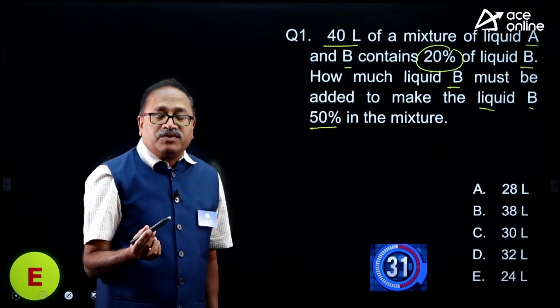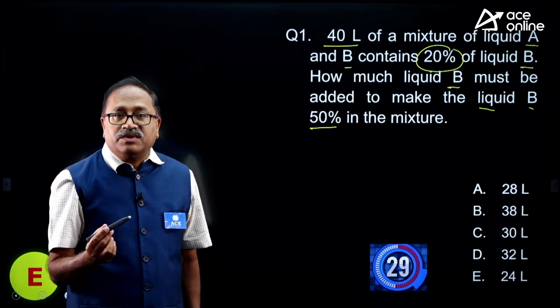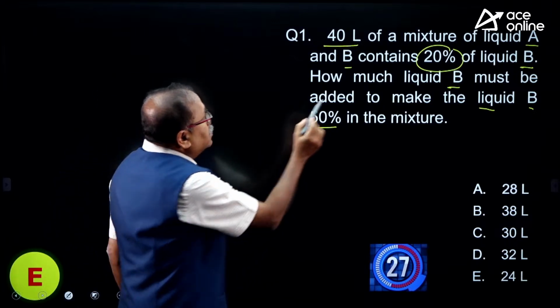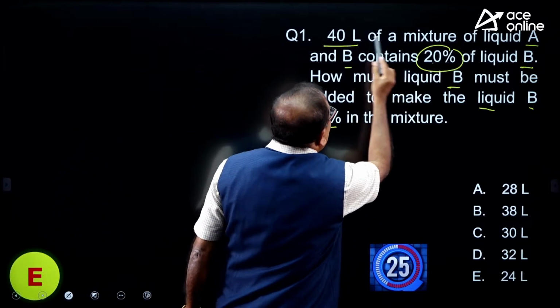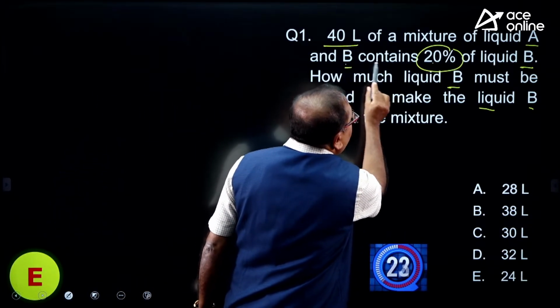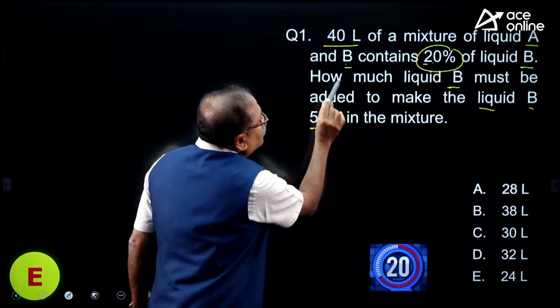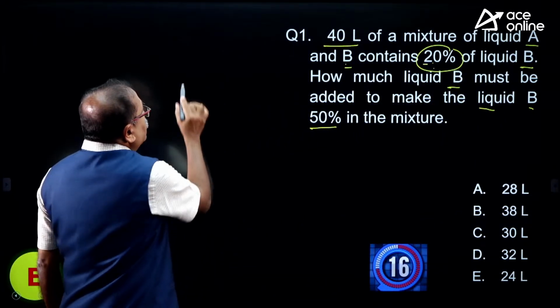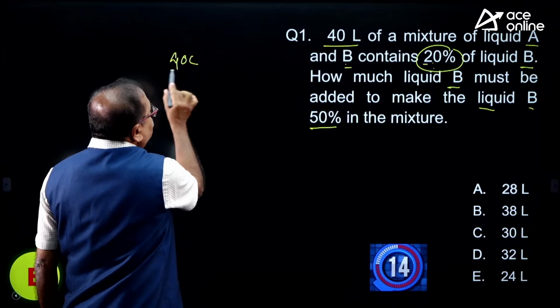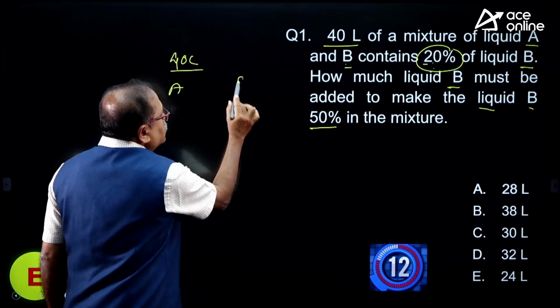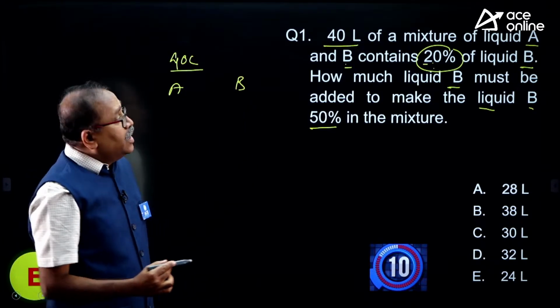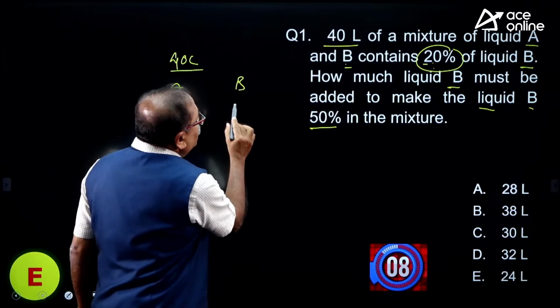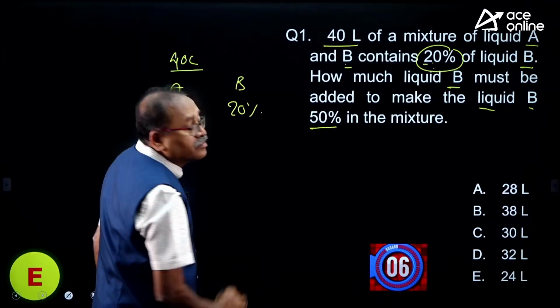There are multiple ways to answer the question. I will go with the alligation mixture method. Out of these 40 liters, there is A and there is B, and B is 20% over here.